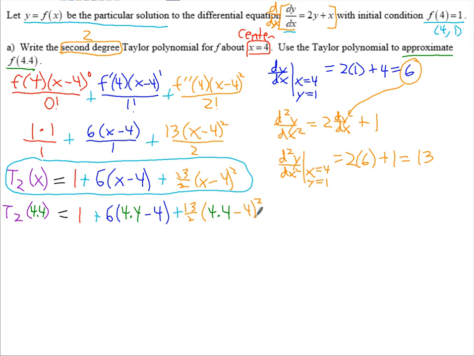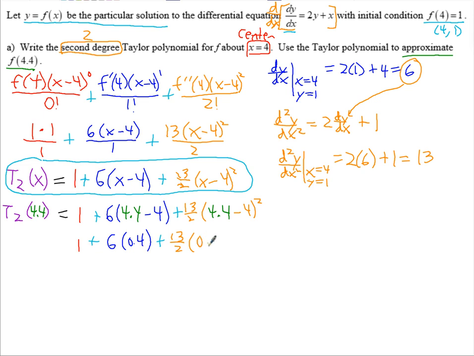So we get 1 and then 4.4 minus 4 is 0.4. And you can work with decimals or fractions, whichever you prefer here. But usually when you're doing this without a calculator, fractions tend to be a little easier to work with in general.